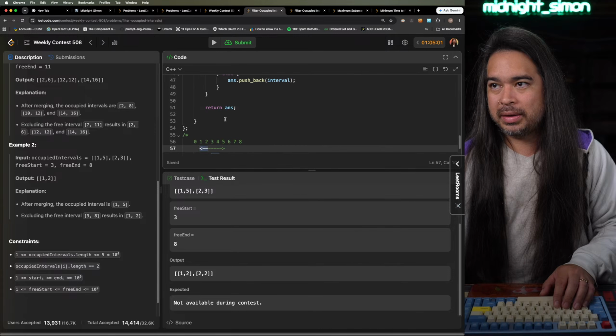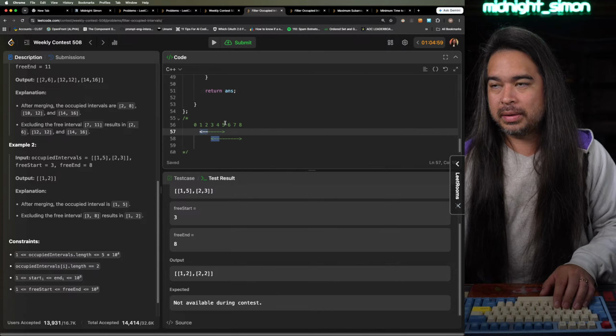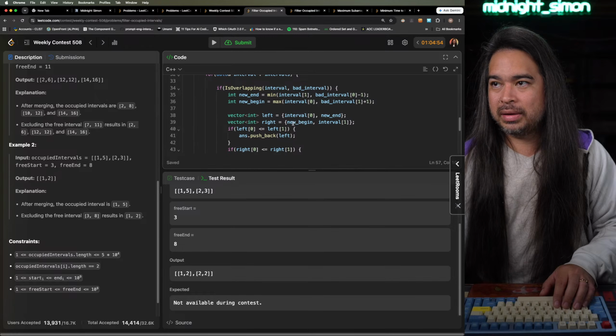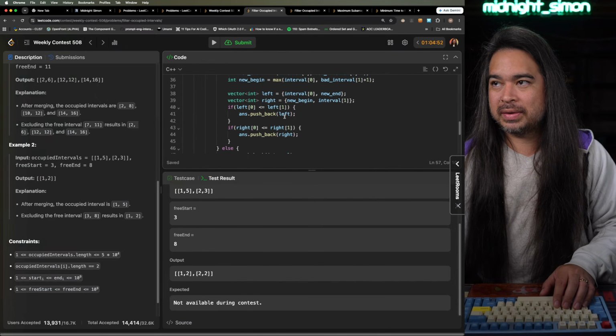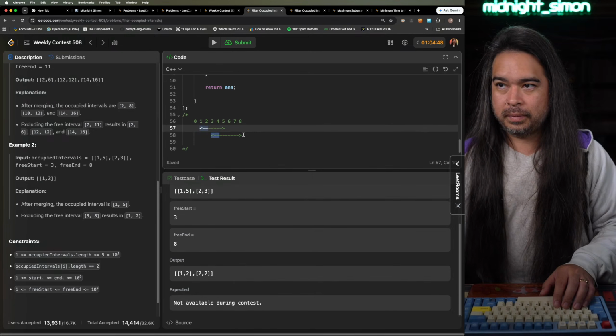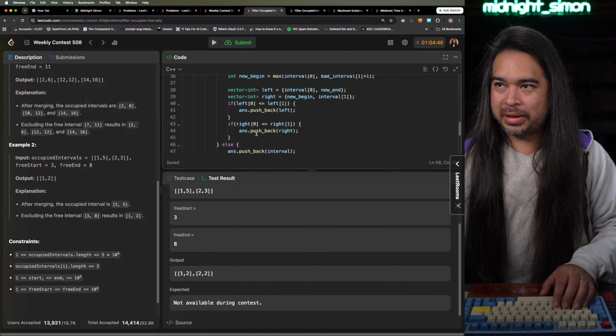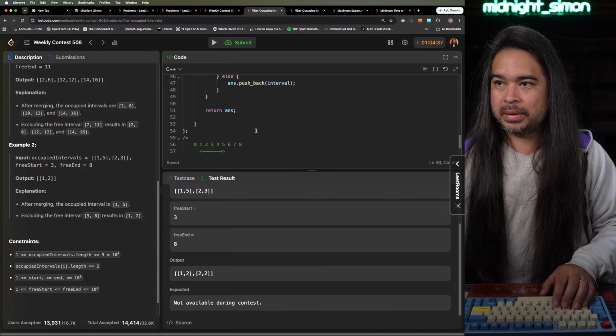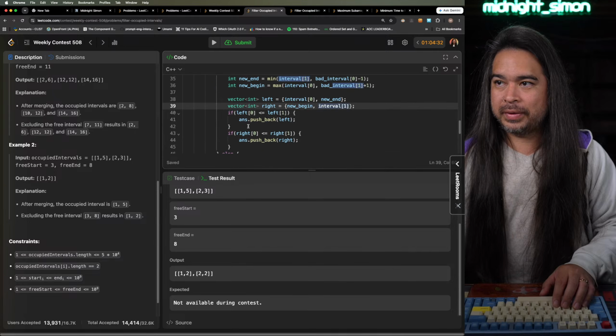So why do I get this? So I'm saying the new beginning is the max. So the new beginning should be like 9 there. And interval 1 should be 8. So this shouldn't even be pushed back, man, but it's being pushed back.